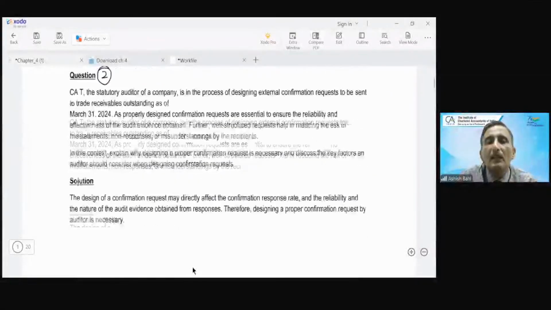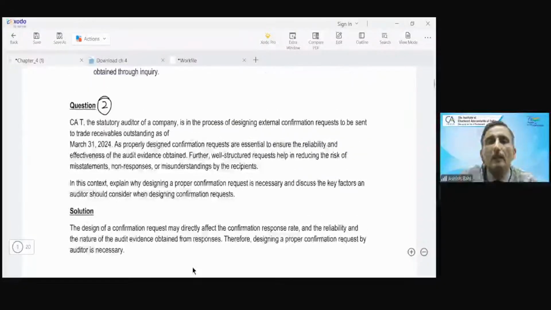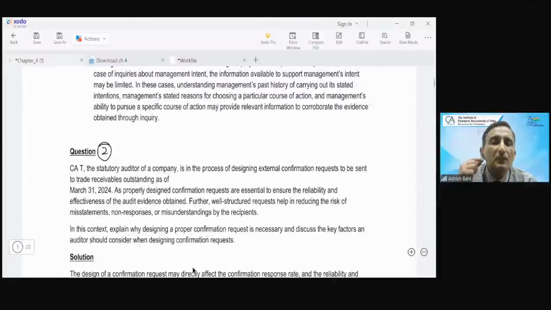So see question number 2. CAT, statutory auditor of a company, is in the process of designing external confirmation requests to be sent to the trade receivables outstanding as of 31st March 24.